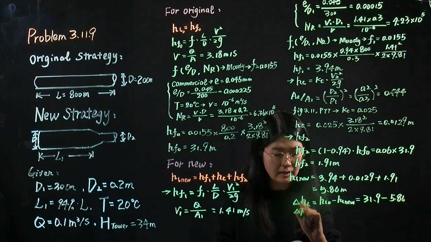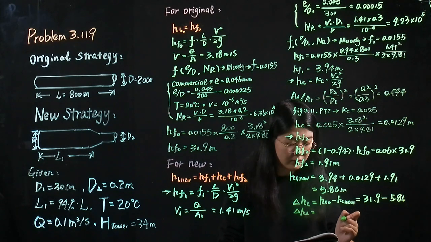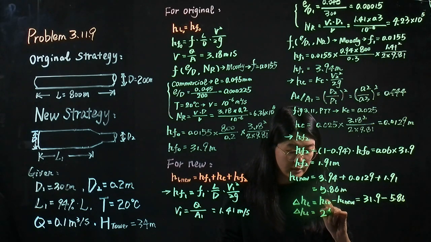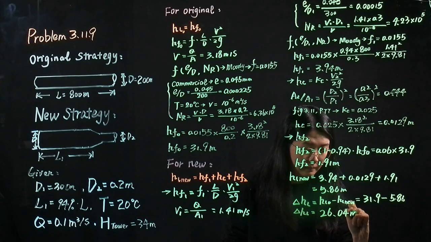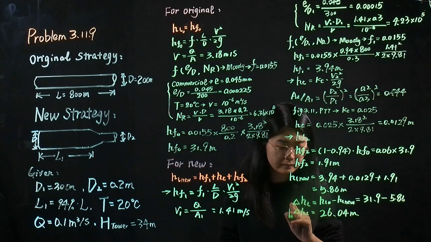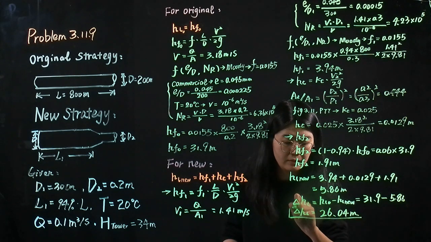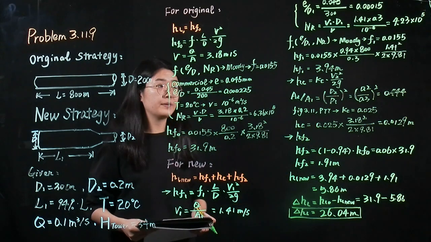The delta H, the head loss reduction, is equal to 26.04 meter. So this is the result for this question.